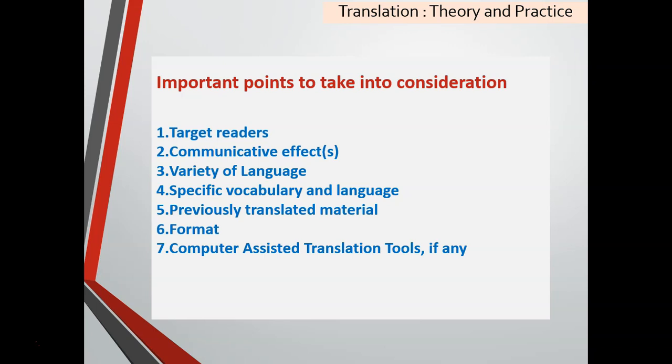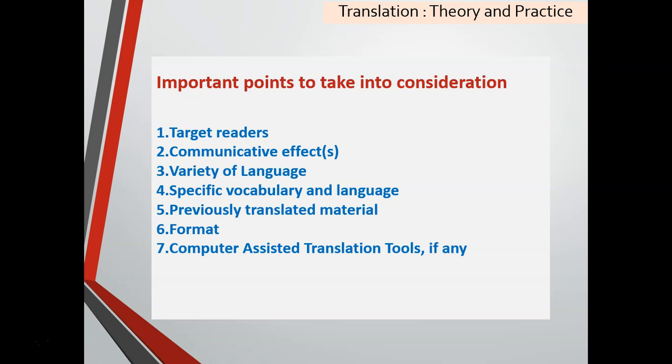And another stage would be the very specific vocabulary and language that the translator should respect to keep consistency, even those words, phrases, or structures that should be avoided to be taken into consideration. Number 5, previously translated material or any other reference material will be very helpful in this respect and makes your task easier.